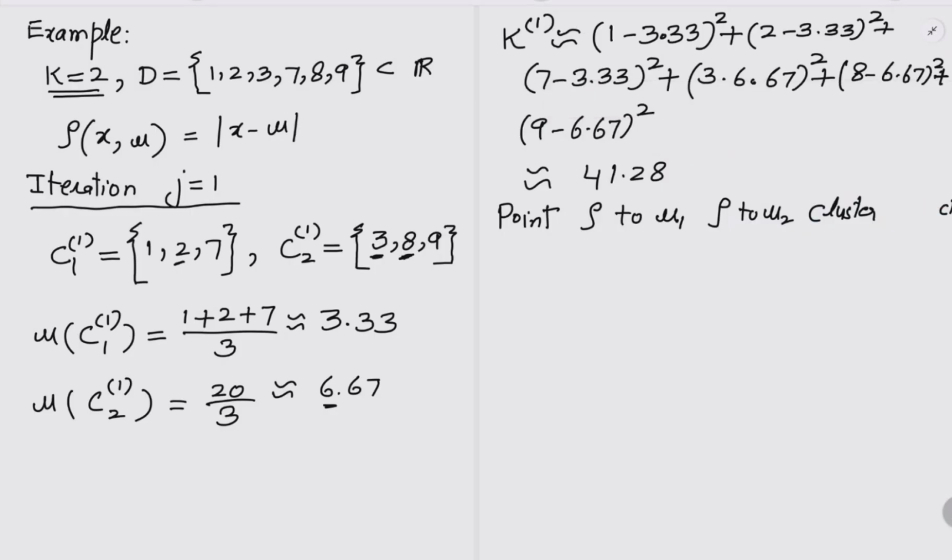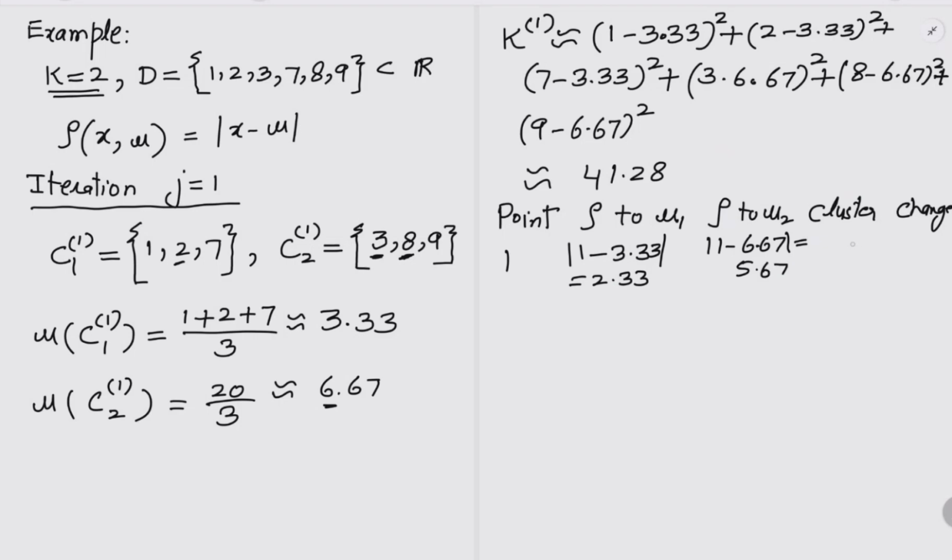Is there any change in cluster? We measure over here. Just follow this example, you will understand many things from it. For point 1, we measure the distance between 1 and 3.33, which is 2.33. And similarly we measure the distance between 1 and 6.67, and this is equal to 5.67.